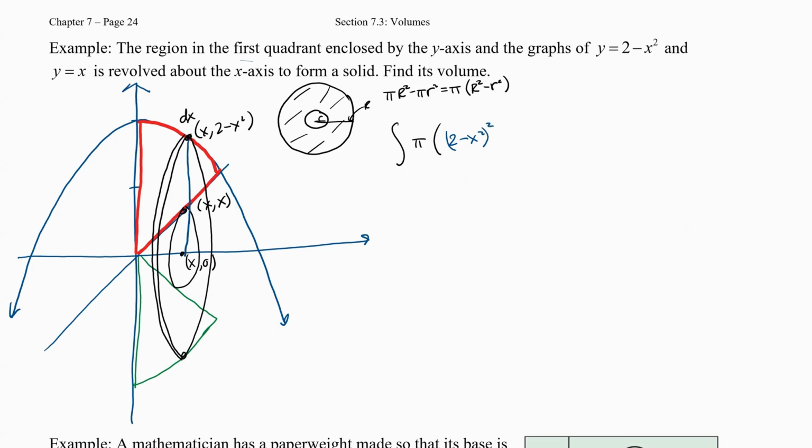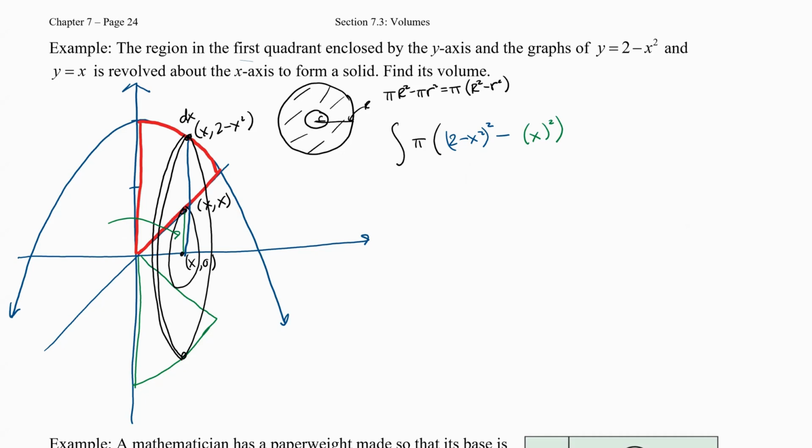And there's my big R squared. My little r is right here. And that, again, the high y value is y, low y value is 0. That's going to be x squared. And so there's my pi times big R squared minus little r squared.